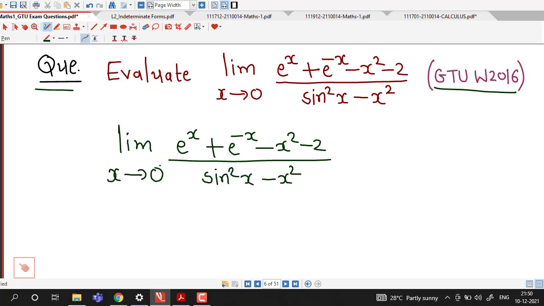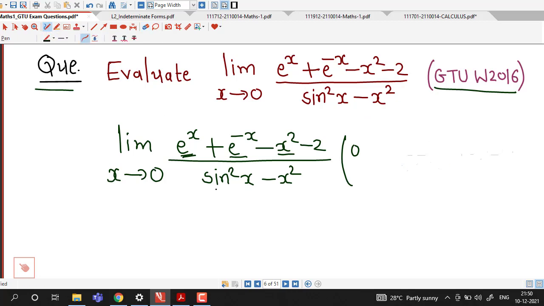So first we determine the type of this indeterminate form. If we take x equal to 0 in the numerator, then we have e^0, that is 1, plus e^(-0), that is also 1, minus 0 minus 2, so that is 2 minus 2, which is 0. So the numerator approaches 0 as x approaches 0.